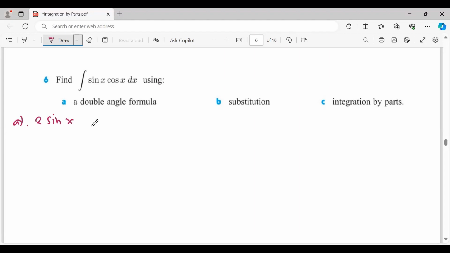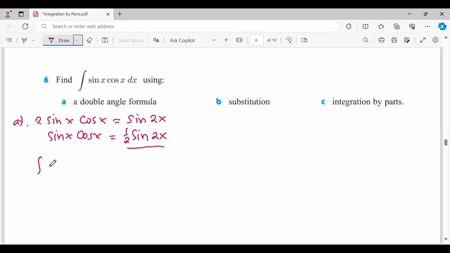Sine x cosine x equals half sine 2x. So we're going to use this expression to find this result.